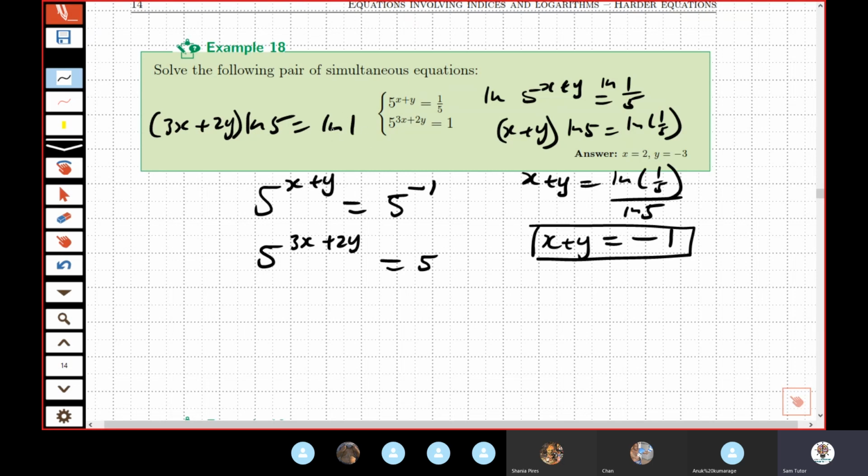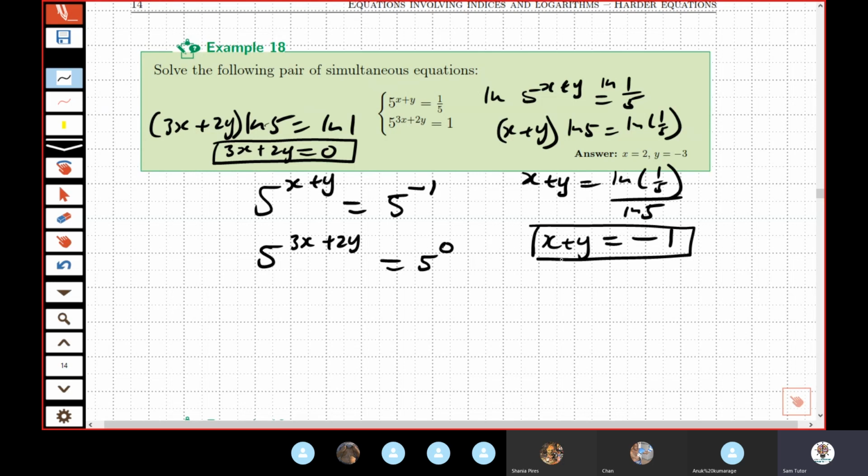We know log of 1 is 0. 0 divided by anything is still 0. And again, 1 is just 5 to the power of 0, isn't it? That was a sneaky hidden one.